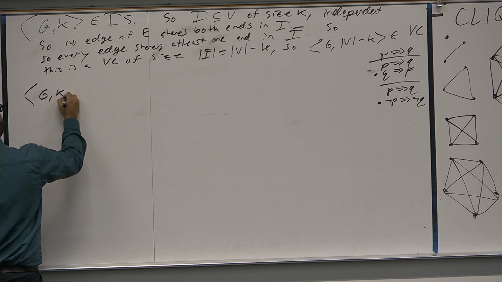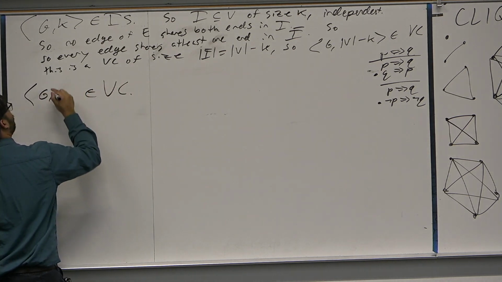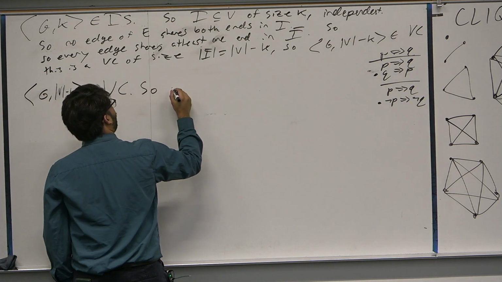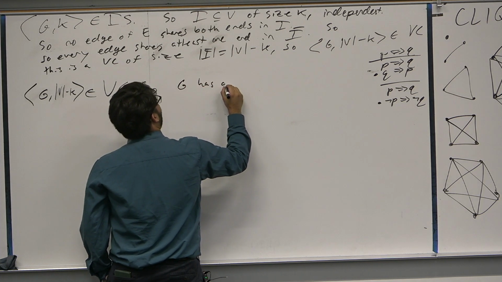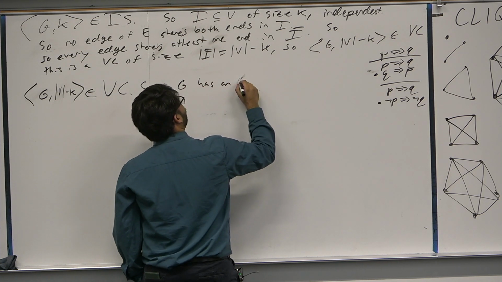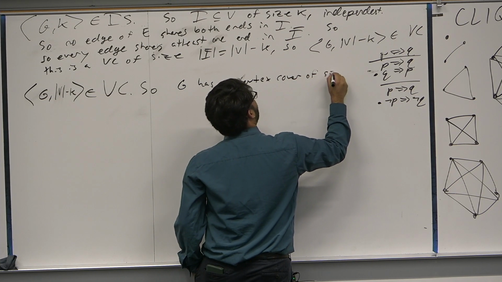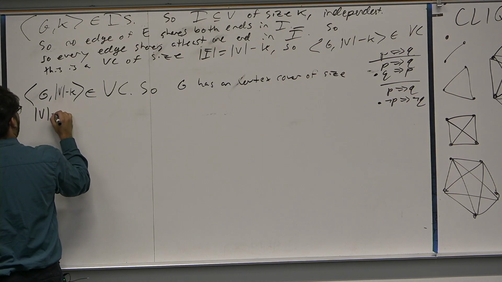Let g comma k be an element of vertex cover. Nope. G comma v minus k. So G has a vertex cover of size cardinality v minus k.